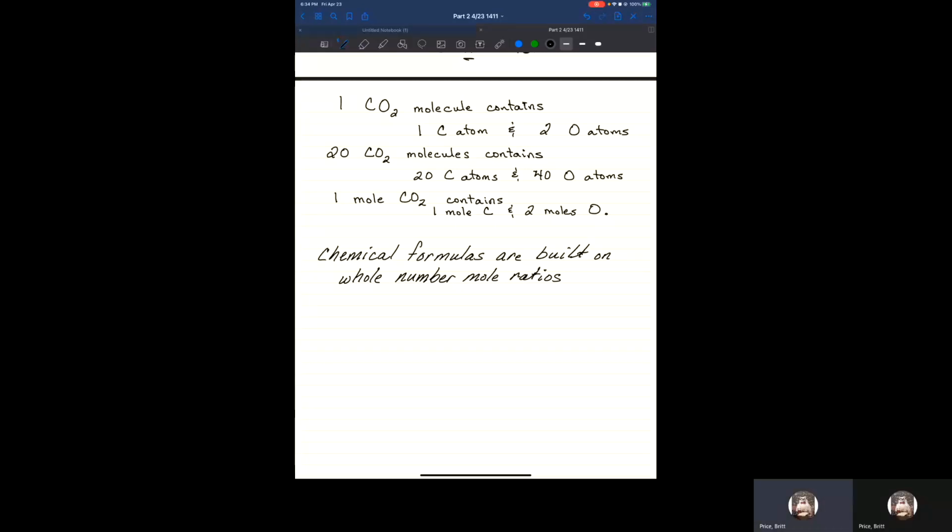We had the lab in which we compared empirical and molecular chemical formulas.